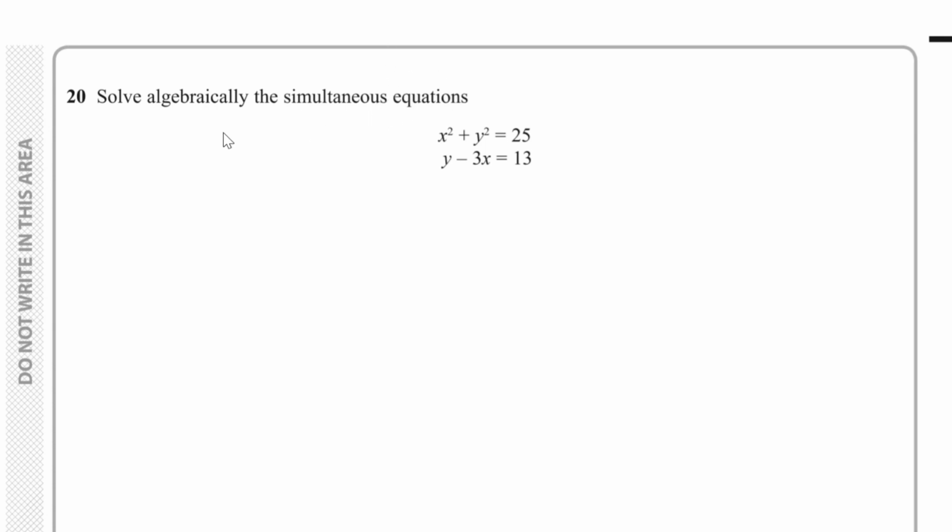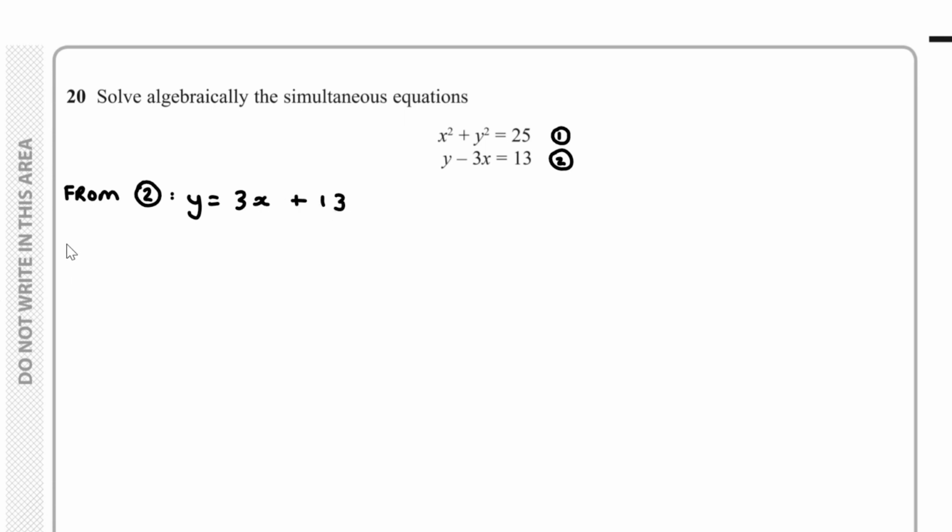Question 20, we have to solve algebraically the simultaneous equations x squared plus y squared equals 25 and y minus 3x equals 13. Well, if I call this top one equation 1 and the second one equation 2, from equation 2, you can see that y is equal to 3x plus 13.